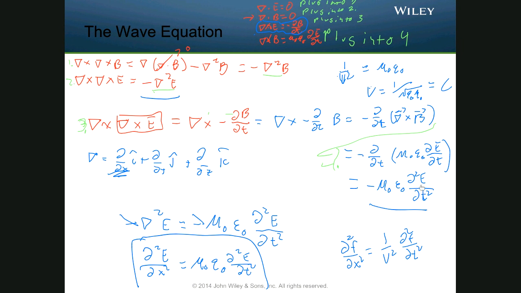So now we have the left-hand side of the equation, and we finally get from 3 and 4 to the right-hand side of the equation.